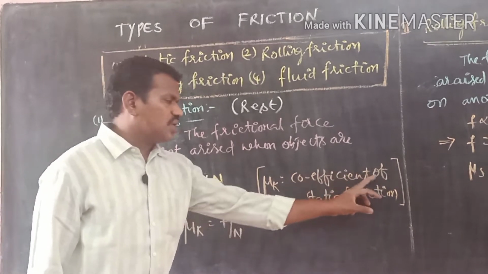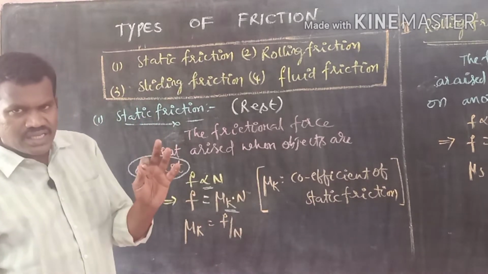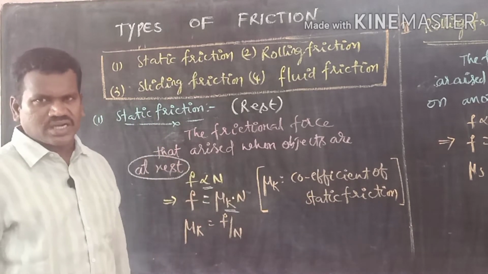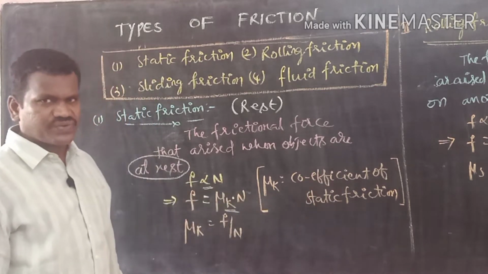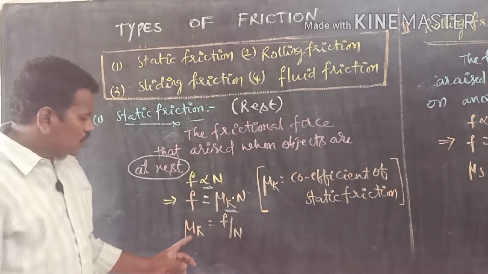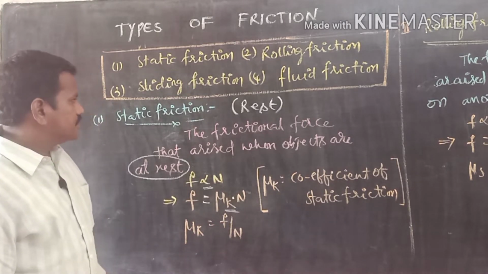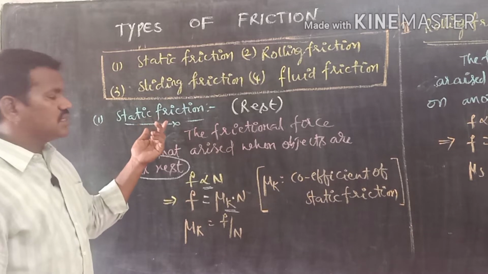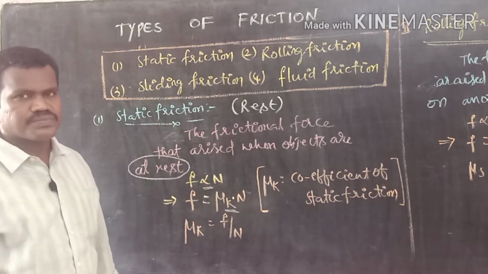Mu k is called the coefficient of static friction. If it is simply friction, we can simply write mu, but this is because of static friction. Now mu k is equal to F by N. This is an example as well as an explanation about static friction.